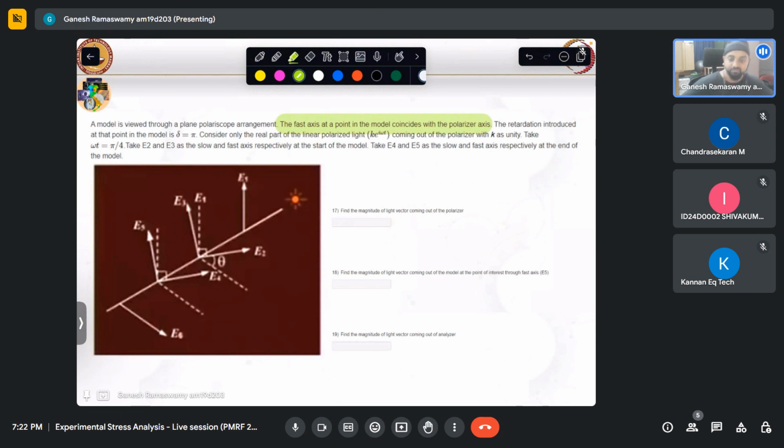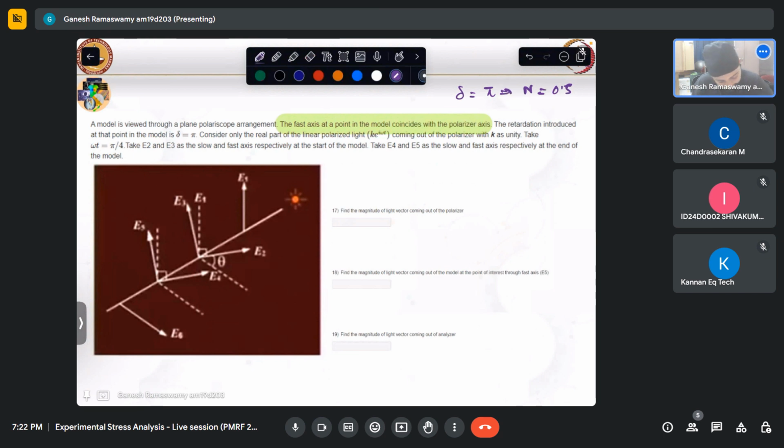Fine. The retardation introduced at that point is delta equal to pi. So retardation is given to be delta equal to pi. What does this mean? The fringe order is delta by 2 pi. So fringe order is 0.5 at that point. Fine. So this much we know now.